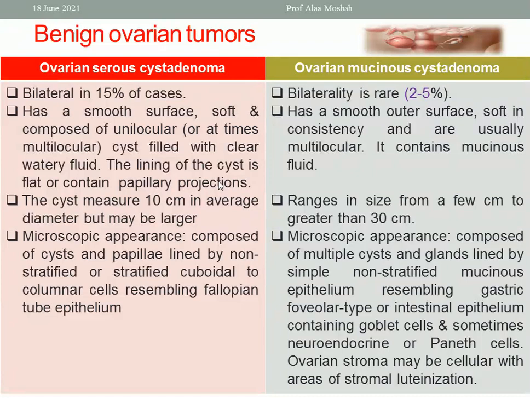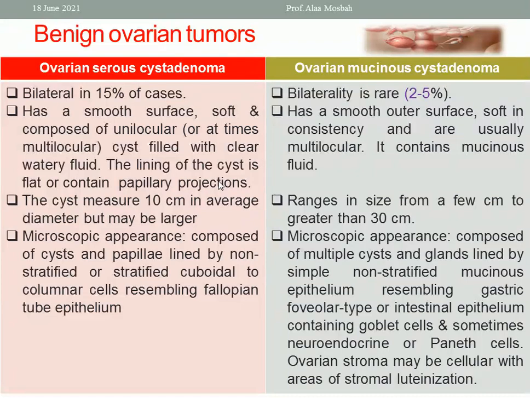The microscopic appearance is composed of cyst and papillae lined by non-stratified or stratified cuboidal or columnar cells resembling fallopian tube epithelium. What about the ovarian mucinous cystadenoma? The macroscopic and the microscopic picture. It has a smooth outer surface, soft in consistency also, and usually multilocular, and it contains mucinous fluid.